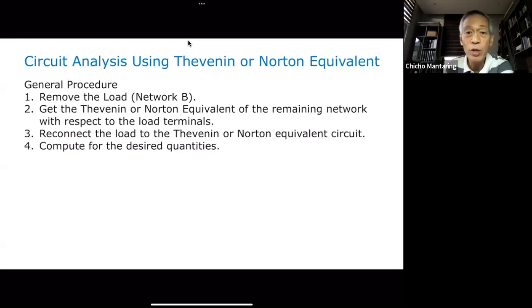And then kukunin natin yung Thevenin or Norton equivalent nung network A. Once we have simplified network A, we now reconnect the load. And so now the circuit becomes simpler. It now becomes easier to compute for the desired quantities. So that is the general procedure for using either Thevenin or Norton equivalent.